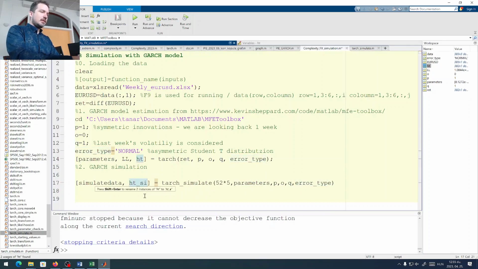The reason why it's HT and not sigma T is that in the Latin alphabet sigma is h, so in many textbooks we can find the same notation.